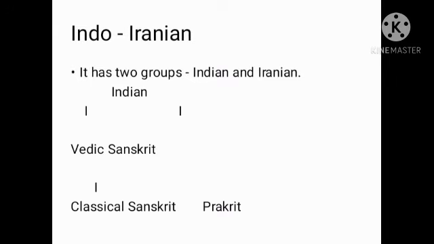Classical Sanskrit belongs to the Indian group, and Classical Sanskrit is a later form of Vedic Sanskrit in which the Vedas were written. Vedic Sanskrit formerly held a place in India similar to that held by Latin in medieval Europe. It is still studied as a learned literary language but it has long ceased to be a spoken language.